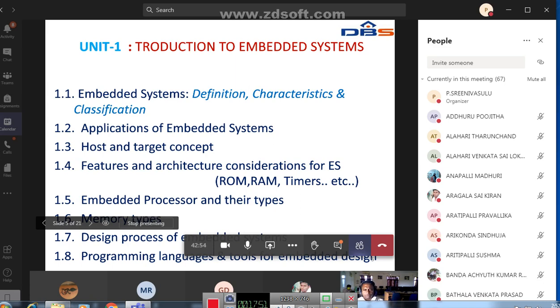In this we are going to see definitions, characteristics and classifications of embedded systems, applications of embedded systems, and the host and target concept. What is the host? What is the target? Features and architecture considerations of embedded systems, ROM, RAM, timers, embedded processors and their types, memory types, design process elements, programming languages and tools for embedded design.